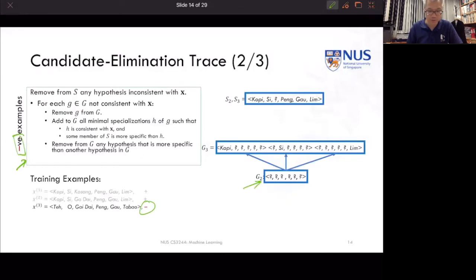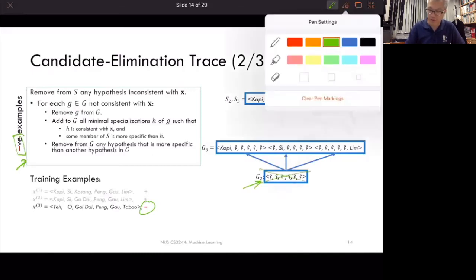And remove that one that's not consistent. It's not consistent because this says, I like all drinks, but it's patently clear that there's at least one drink that the target concept doesn't prefer. Okay, so this is no longer consistent. We have to get rid of it.